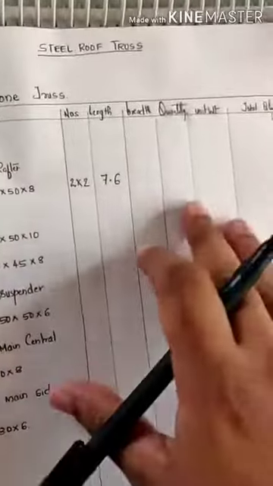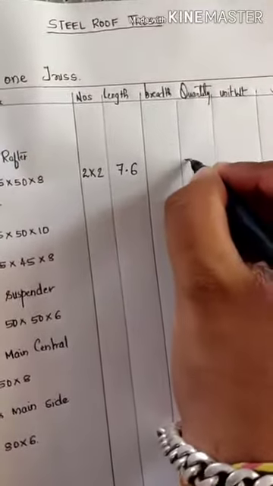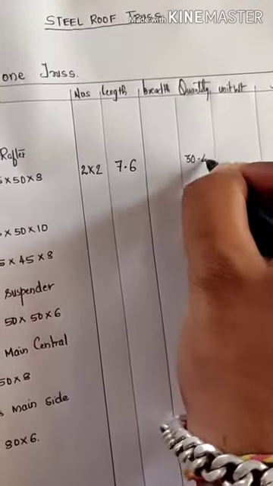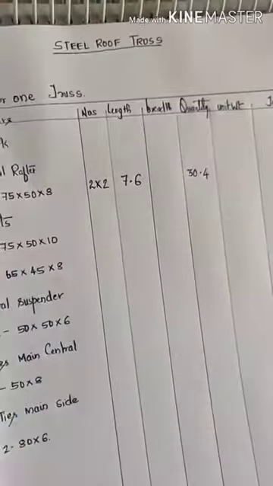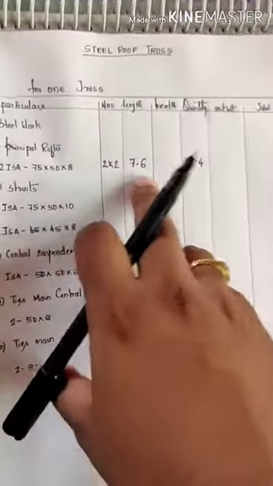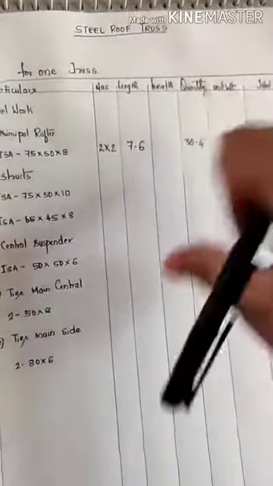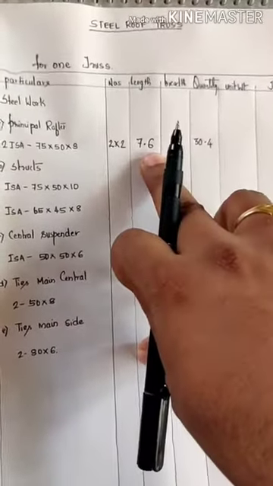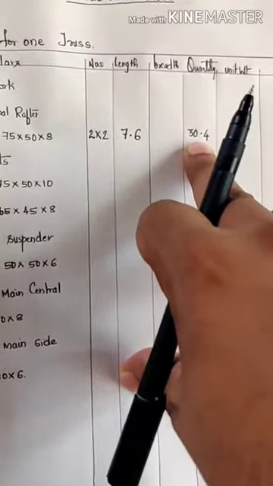So the total length of that angle required is 30.4. As we have calculated, the total length of principal rafter is 2 into 2 on both sides, 7.6 is the length of one rafter, and the total length is 30.4.